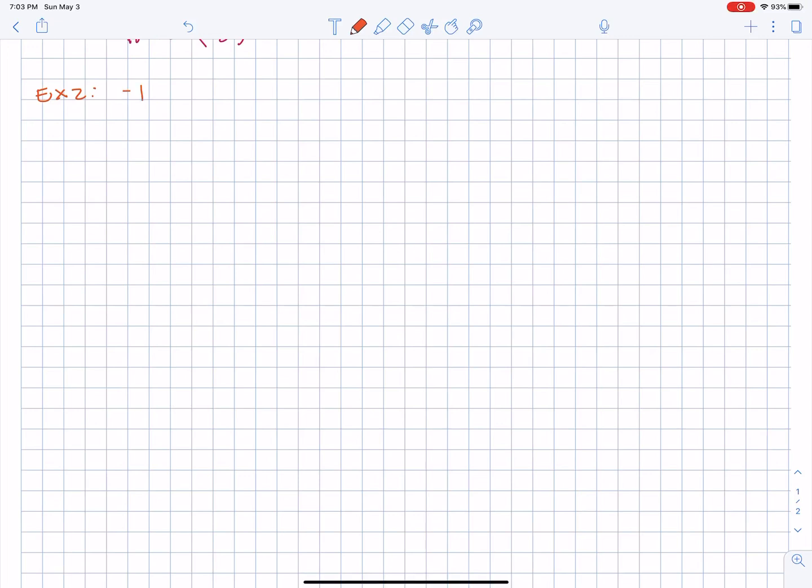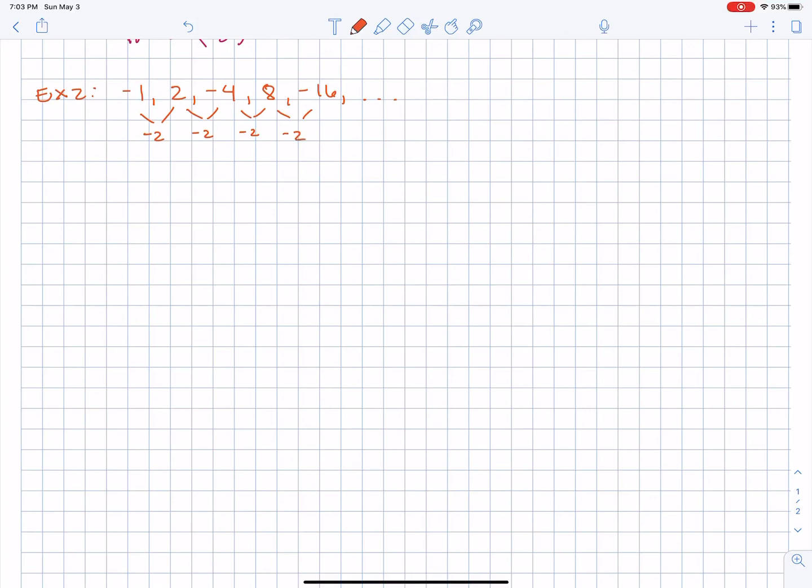If you want to, feel free to pause it once I'm done writing the sequence and try it on your own. -1, 2, -4, 8, -16, etc. First things first, let's test this out. 2 divided by -1 is -2. -4 divided by 2 is -2. 8 divided by -4 is -2. And -16 divided by 8 is -2.